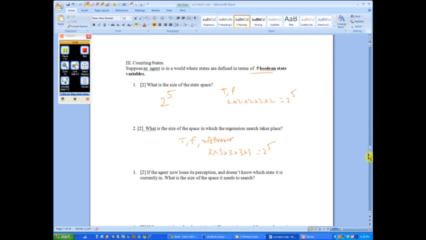Okay. Now if the agent loses its perception and doesn't know which state it's currently in, what is the size of the space it needs to search? We talked about this. Essentially, it has to search in the space of belief states, and a belief state is a set of states.